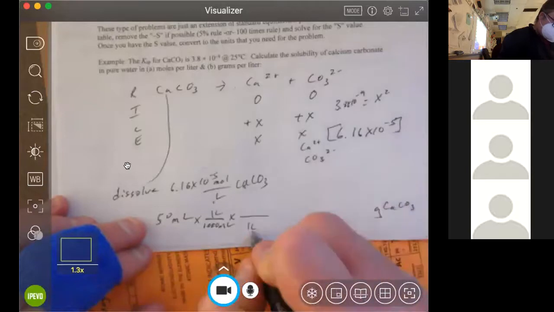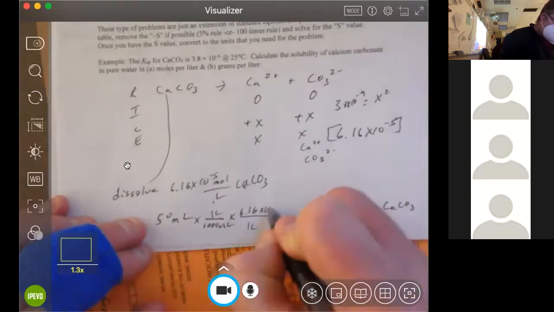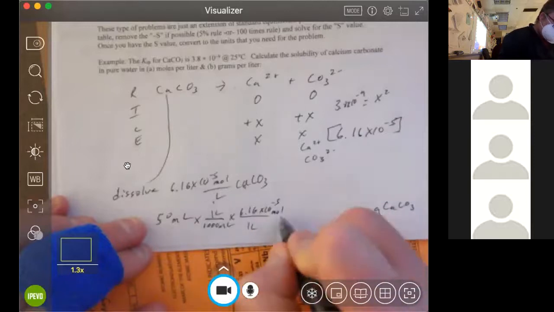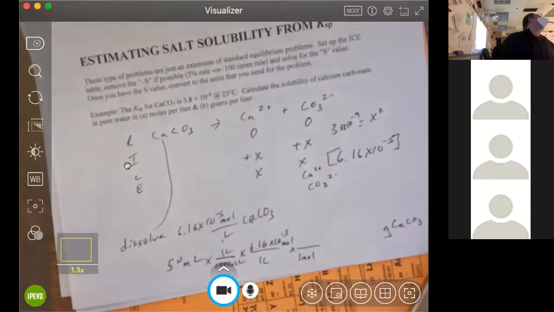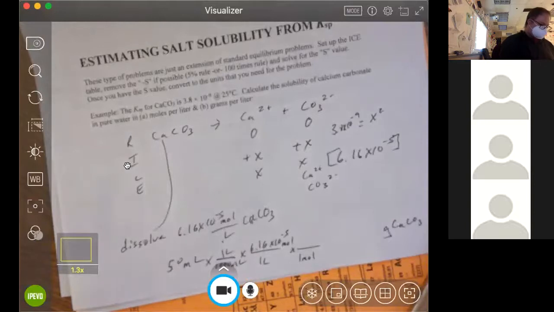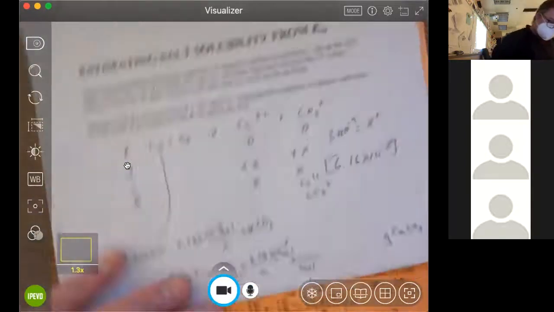So every 1 liter of this will do 6.16 times 10 to the negative fifth moles. And every 1 mole of this is 40.08 plus 12.01 plus 16 times 3. So every one of those is 100.09.